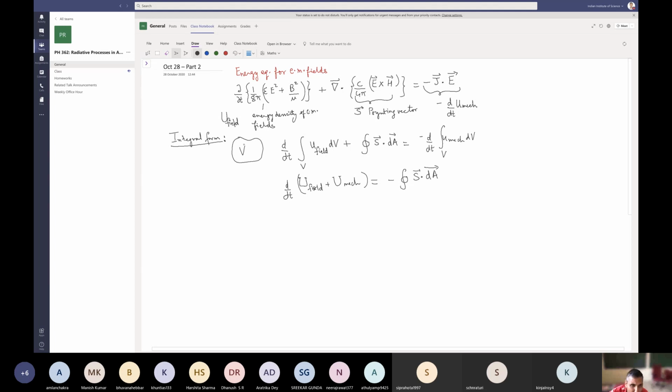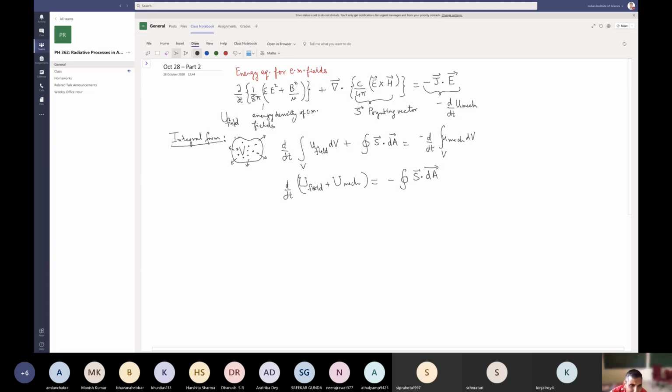So if you have this closed volume with charges and fields, there is energy stored in the mechanical motion of these particles and there is energy stored in the field, and the sum of the two energies is conserved except for the fact that energy is leaking through this volume because of the Poynting flux.